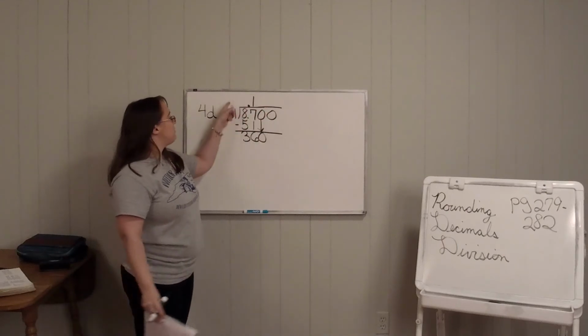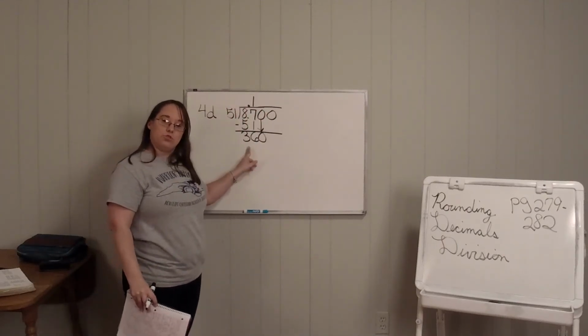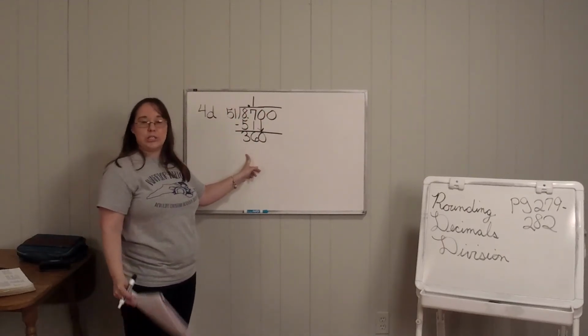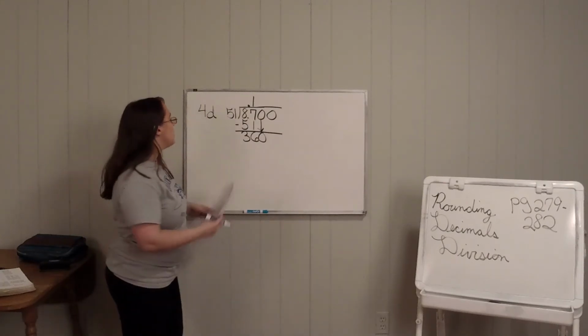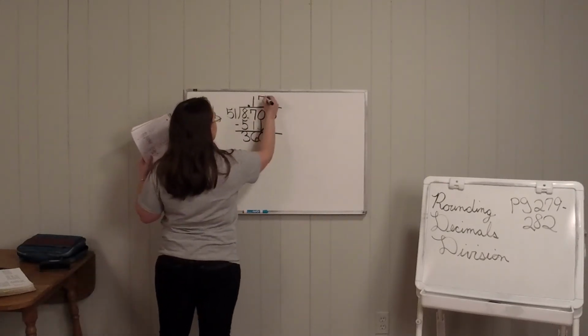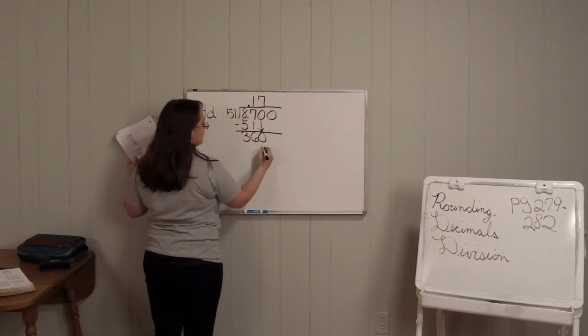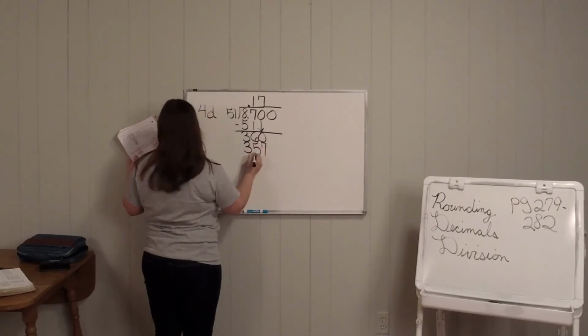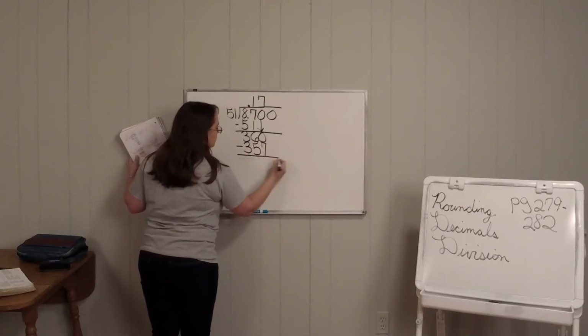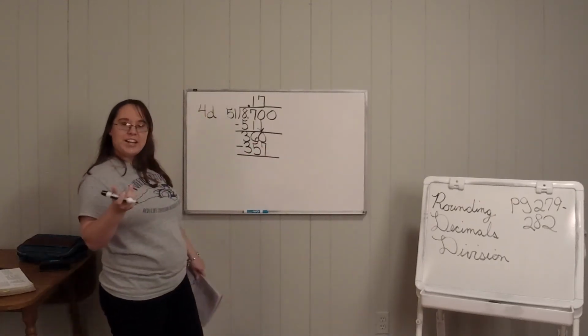Well, if you say 5 times 5, that's 25, that's not going to be enough because it's going to start with a 2. So let's go to 7, because 7 times 5 is 35. So let's see. 7 times 1 is 7. 7 times 5 is 35. Okay, that's pretty close to that number, isn't it?